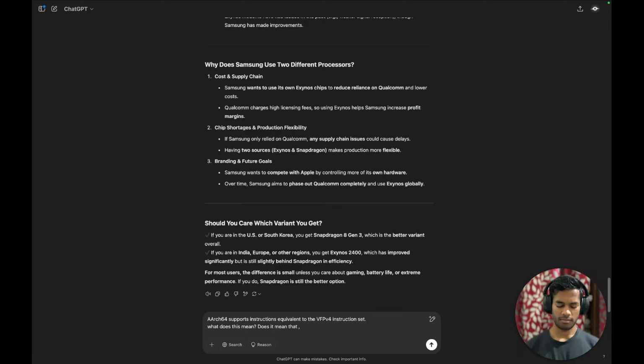Does it mean that I can use some AArch64 instructions to perform actions in the vector floating point unit and the Neon SIMD unit?